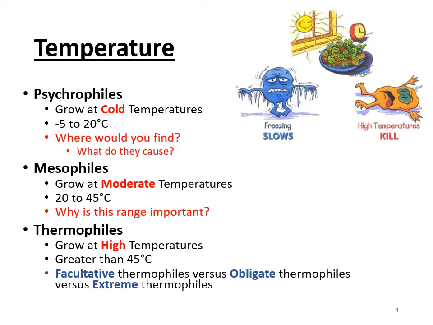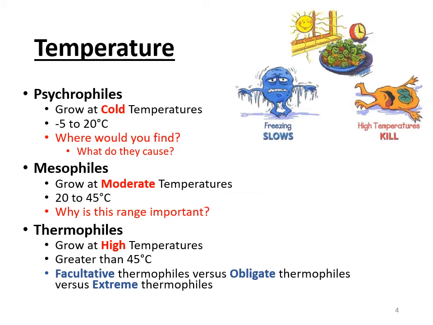Now, the easiest one to define is think about obligate first. Ask yourself, if you are obligated to do something, what does that mean? You're required to do it, right? So obligate thermophiles require high temperatures. They will only grow above 45 degrees Celsius.